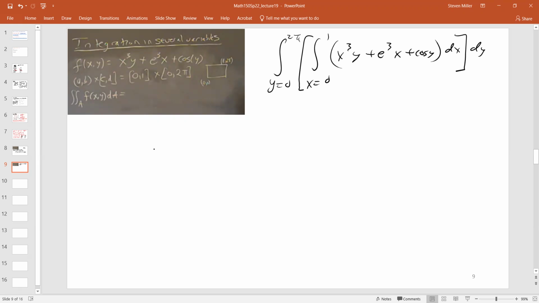So we now start doing things. Notice that unlike Calc 1 and 2, I'm actually putting subscripts in my integrals. I'm saying x goes from 0 to 1, y goes from 0 to 2 pi. Why am I doing this? There should be a reason why I'm putting the x's and y's there.